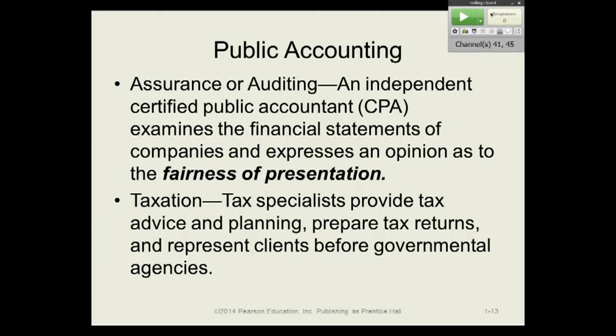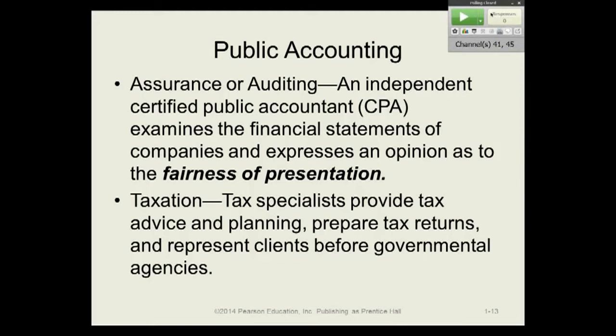What the accountants do is they come in and they examine, not every transaction, but a sample of events and transactions to ensure that the financial position, so let's look back here, the assets and liabilities or obligations, the earnings and the operations, and the cash flows of the company are in fact fairly presented. Now what does that mean, fair presentation?